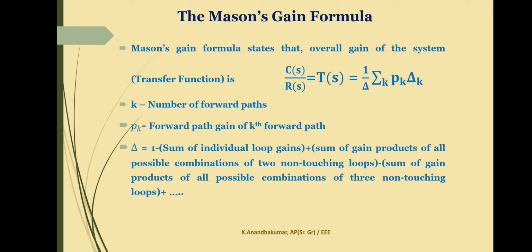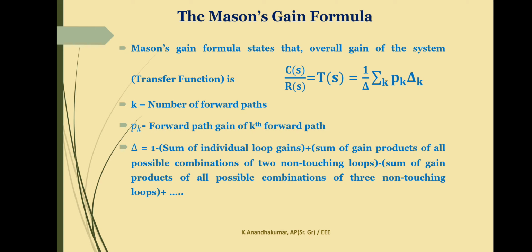Delta is the term which we calculate by using the formula: 1 minus the sum of individual loop gains, plus the sum of gain products of all possible combinations of 2 non-touching loops, minus the sum of gain products of all possible combinations of 3 non-touching loops, plus and so on, up to the final combination which we obtain.